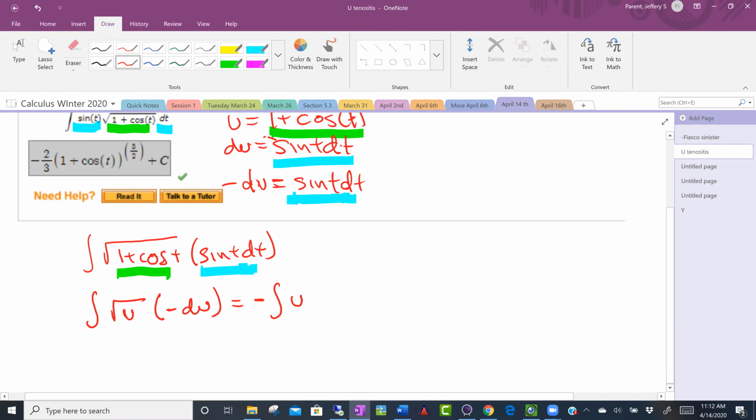of, how am I going to rewrite the square root of u? Any suggestions? U to the 1/2. Good, u to the 1/2. So u to the 1/2, and the antiderivative, well, we're going to have -1 times u to the 3/2 divided by 3/2.